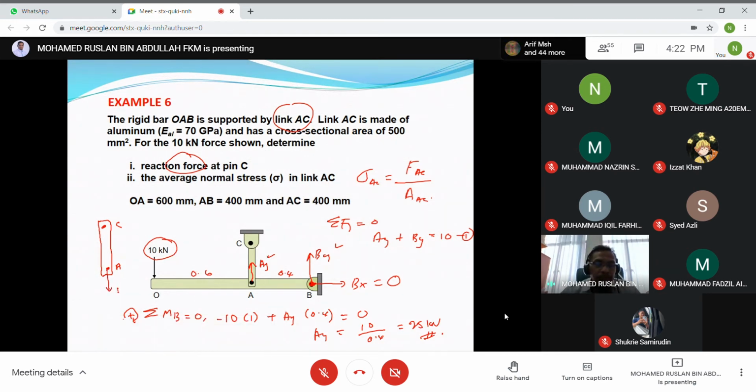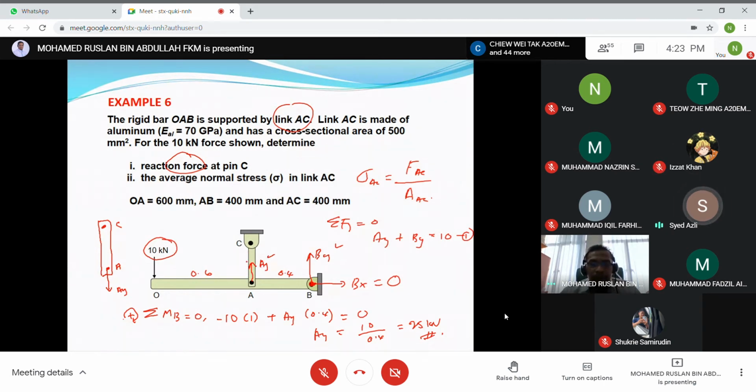Why is AY downwards, not upwards like this?